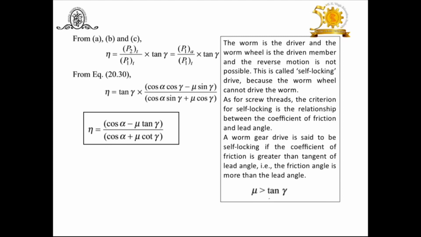This prevents damage to the drive and the source of power. A worm gear drive is said to be irreversible if the coefficient of friction is less than the tangent of the lead angle, or the friction angle is less than the lead angle. This is the same condition we already studied in power screws, that is, mu is less than tan gamma.